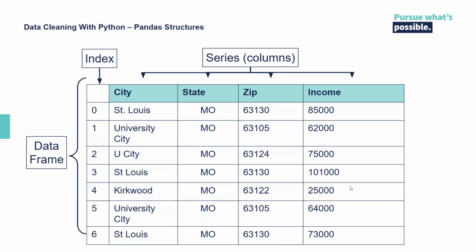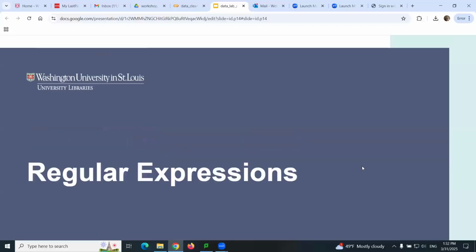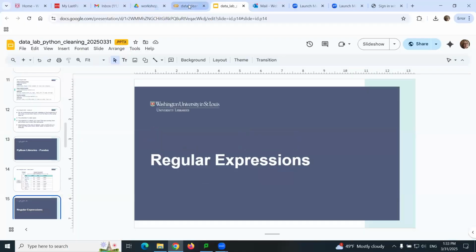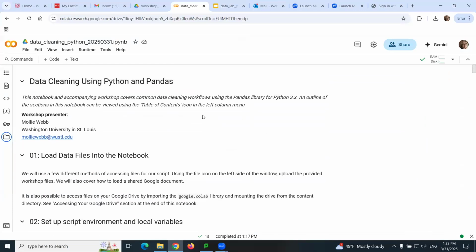And then each row is just going to be a row. Also, behind the scenes, every single row is going to have an index value starting at 0. This is just how pandas keeps track of all those rows. And then each one of these columns will be a series, which we can work with individually. Okay. So now we're going to head over to the notebook.